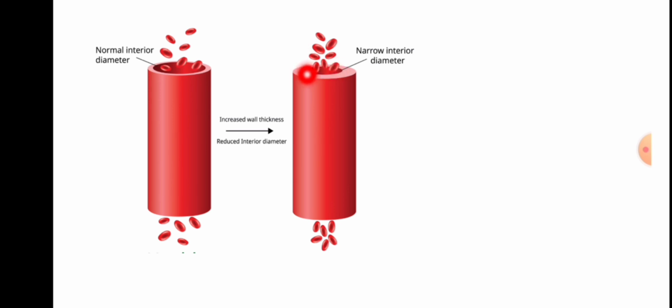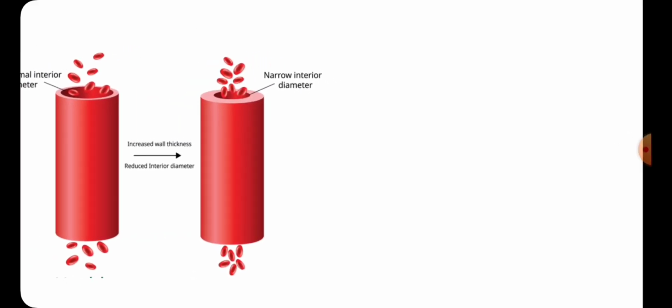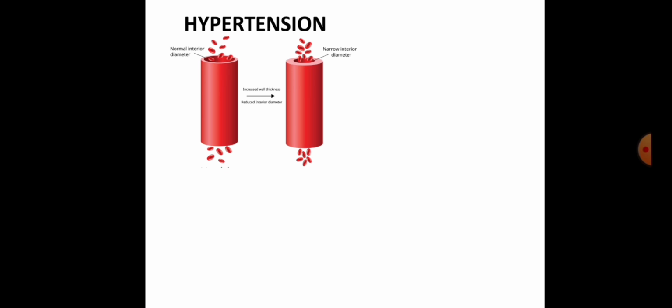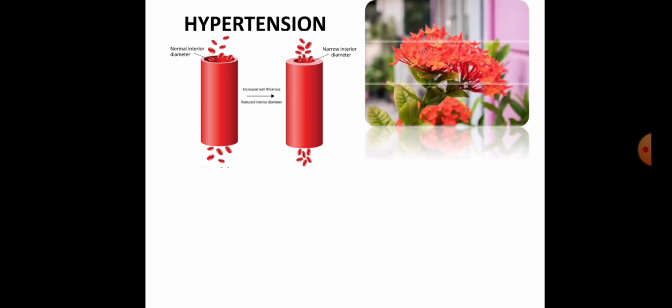Either there is thickness in the wall or some accumulation of fat molecules, which causes narrowing of the blood vessel. Because of this, the blood pressure increases, which we call hypertension. So for hypertension, what homeopathic mother tinctures do we use?